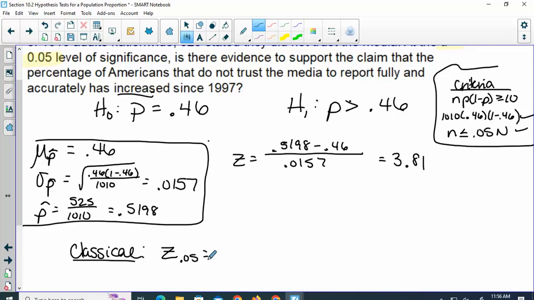Remember, that means 5% is to the right. So what's the area to the left? 95. So you look in the table, the closest area you can get to 0.95 is 1.645.